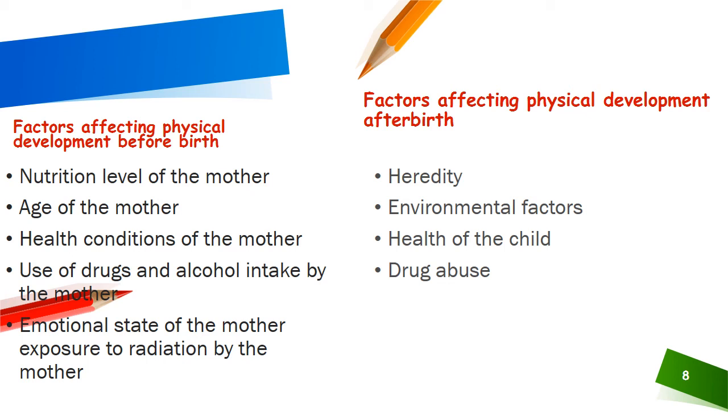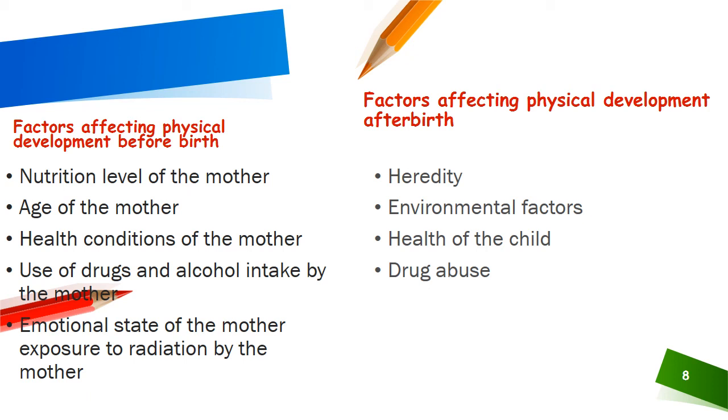So the other factor is environmental factors. On environmental factors, we're looking at things like maybe a place which has a high content of radiation. Okay, for instance, maybe there's a high concentration of lead. Okay, this can affect the physical development of the child.